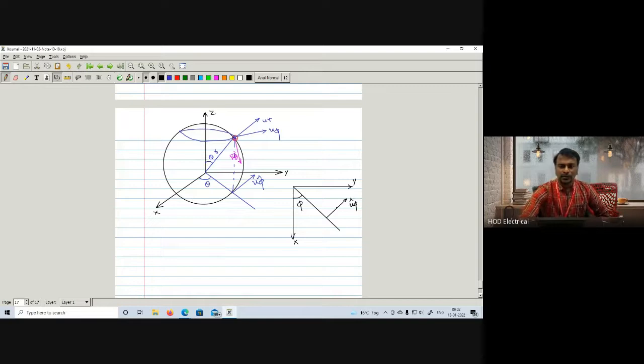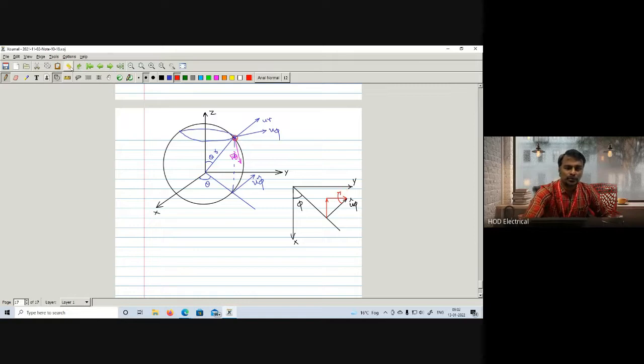So what are the components of this unit vector? The unit vector has a component towards the x-axis and towards the y-axis. This is our x-axis component, this is our y-axis component. This angle is phi, and automatically this other angle will also be phi.